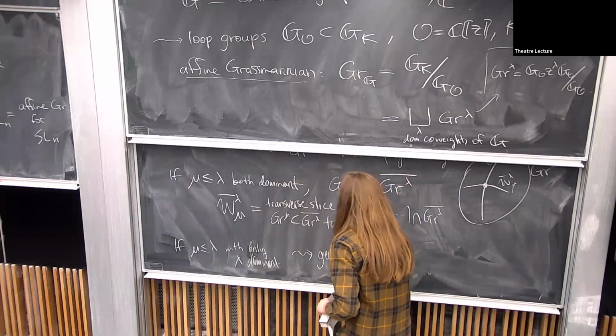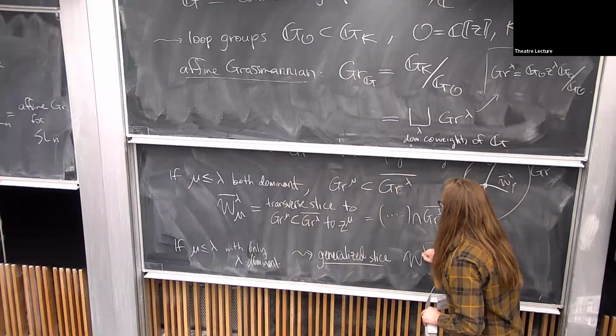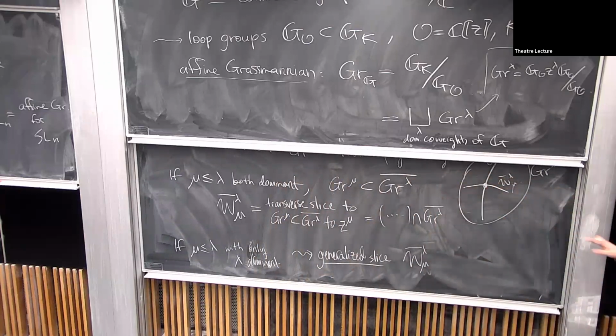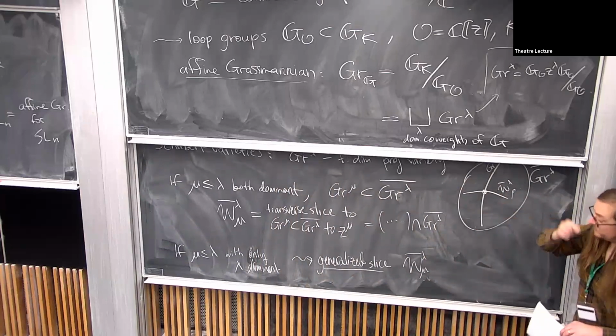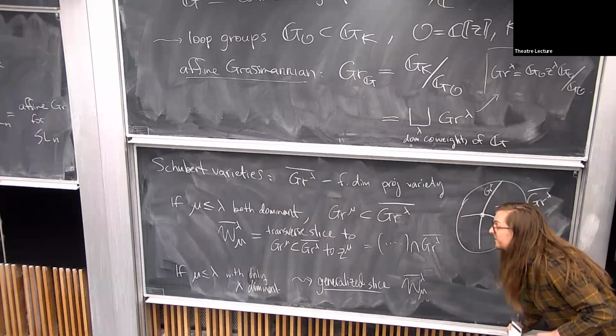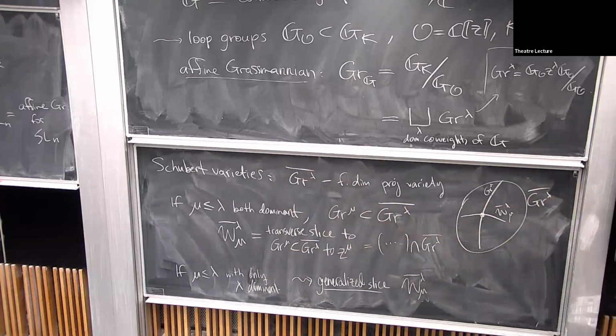And as I'll explain in a second, this one is almost just as good as the original ones. It agrees with the original definition. It actually is a transversal slice if mu is dominant, but in general, it's something else. And again, what's the definition? Well, you could say, take the Coulomb branch for that quiver data.